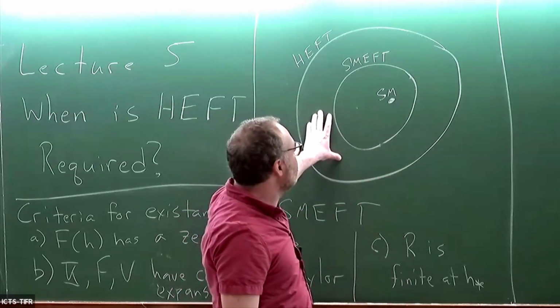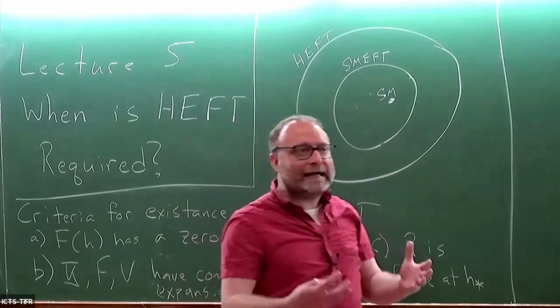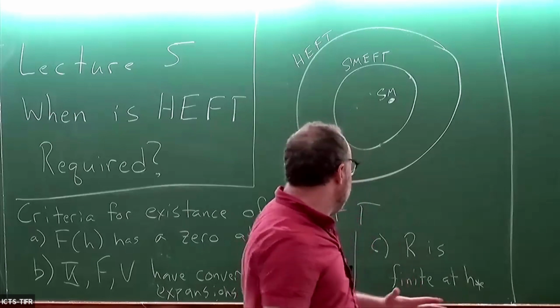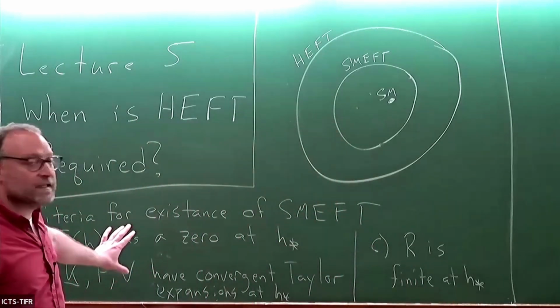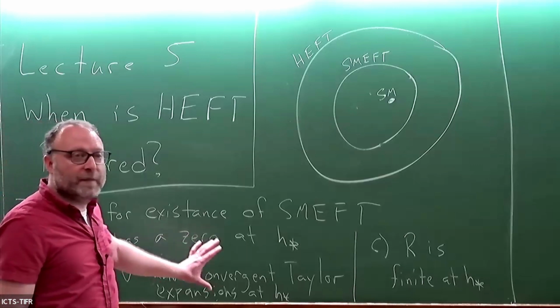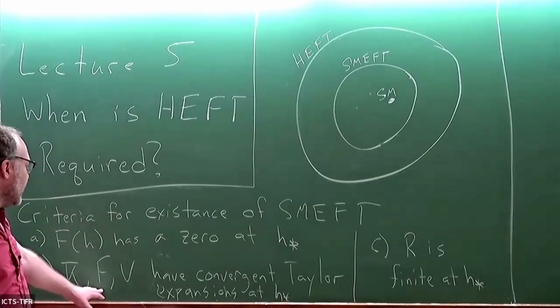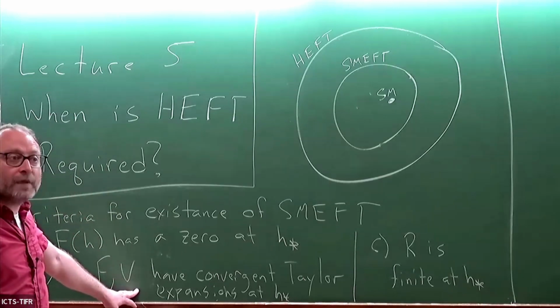In other words, we now have this criteria that we discussed last time, which tells us whether or not a SMEFT exists given a HEFT Lagrangian expressed in terms of K, F, and V.